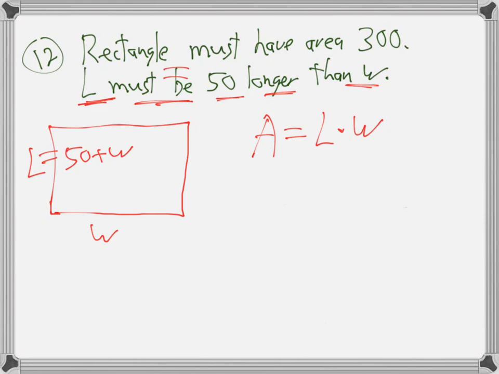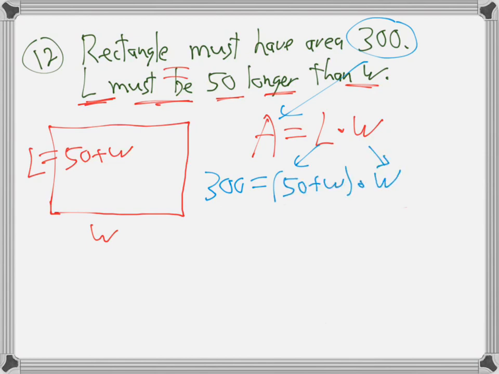Or W plus 50. Either order doesn't matter. Good? So area, 300, equals length, 50 plus W, times W. There we go.